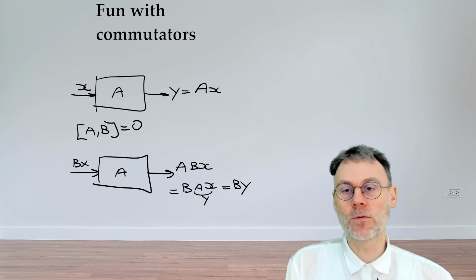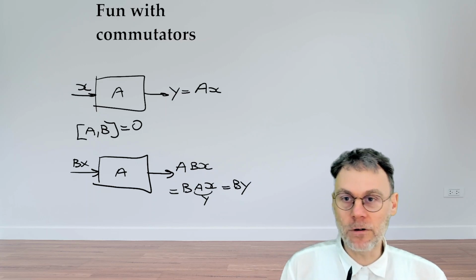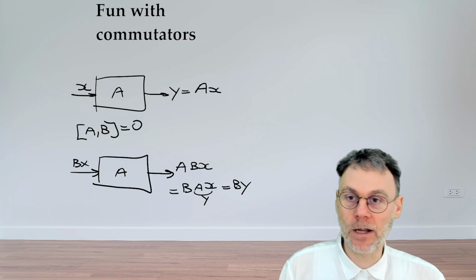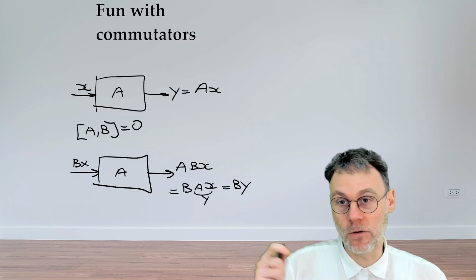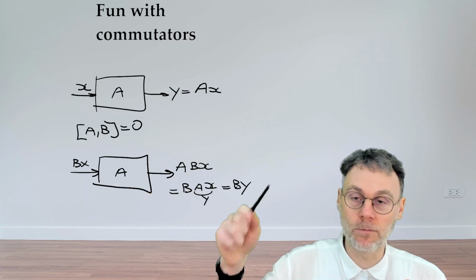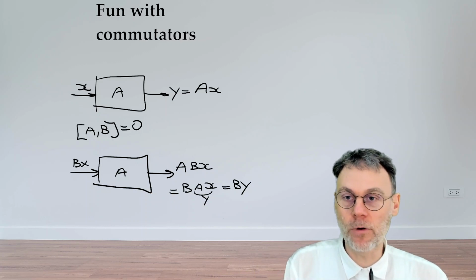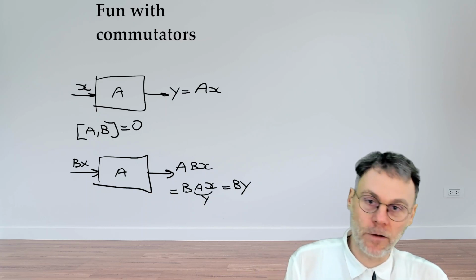But let's now take this one step further and let's see if we can, for example, be clever with trying to make use of the fact that we do have eigenvalues and eigenvectors, and see if we can derive the same result, namely that if we operate on Bx, we get By as a result, but without relying on the fact that these operators commute, but by taking some clever choices.